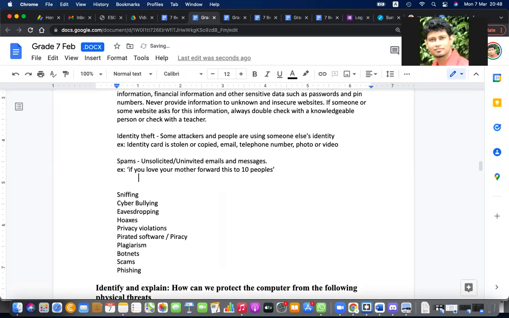Another thing: send this message to 10 groups and your mobile phone battery will be charged.